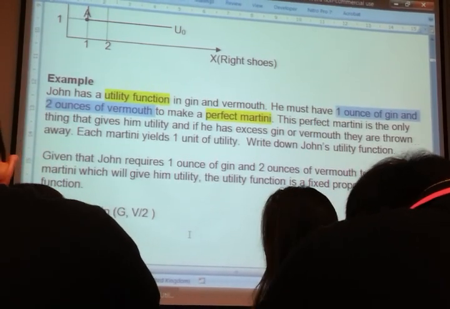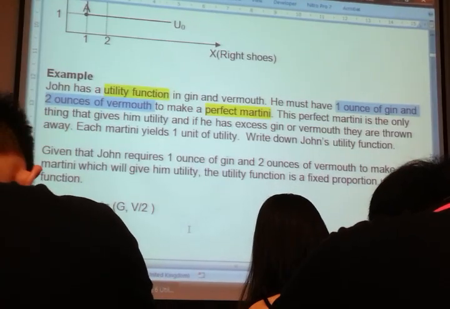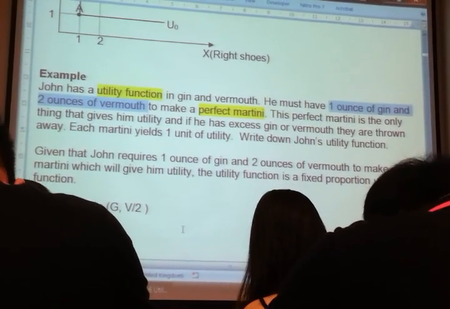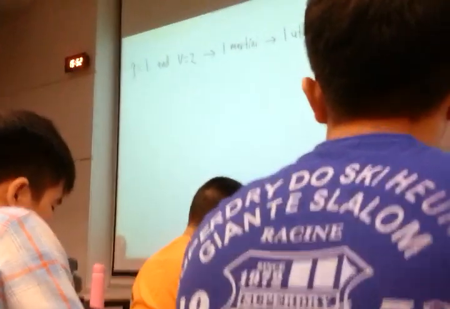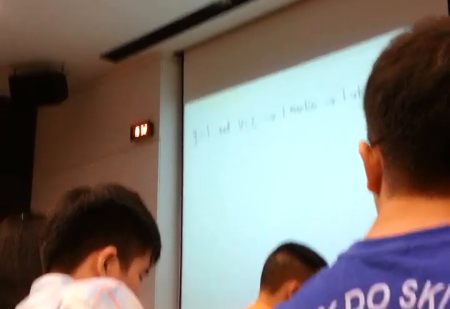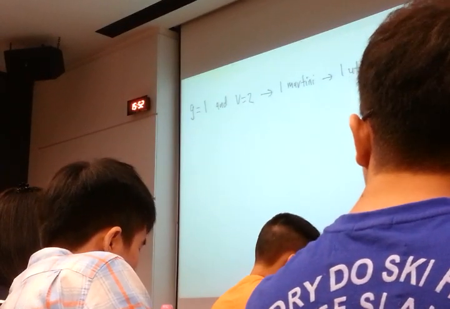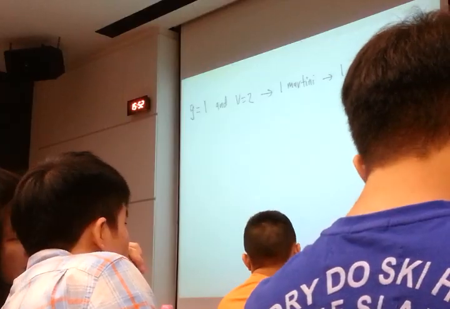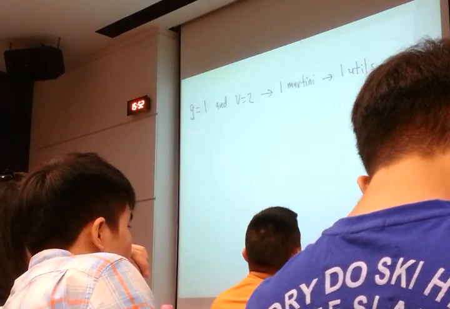And it's from the Martini that he gets 1 unit of satisfaction. Now the measurement of satisfaction is 1 unit of satisfaction. Now that being the case, this type of utility function is a perfect substitute or perfect complement.